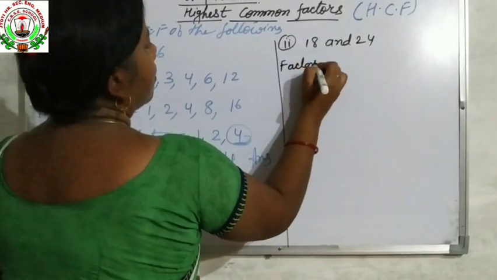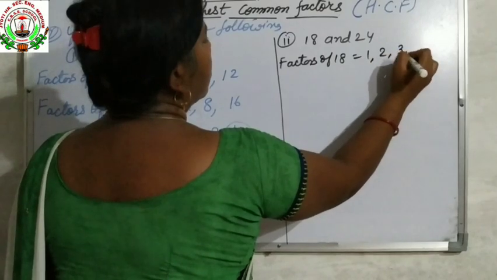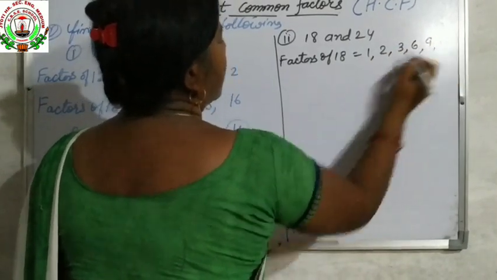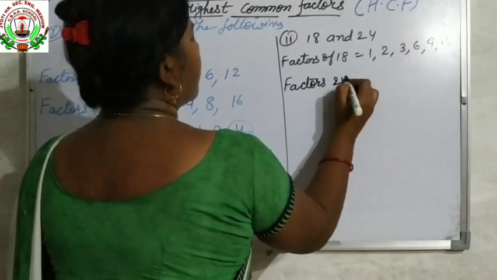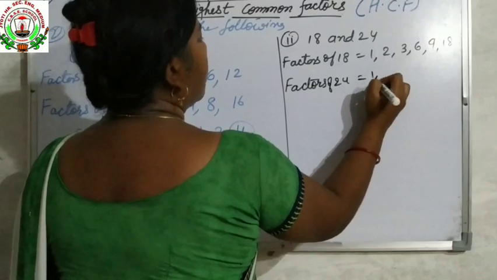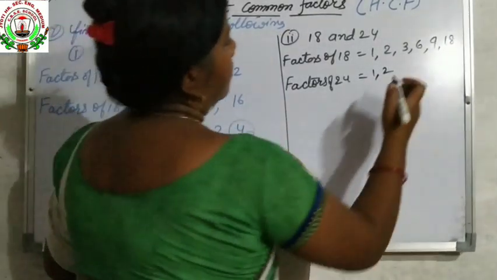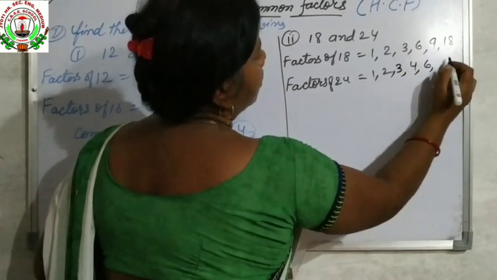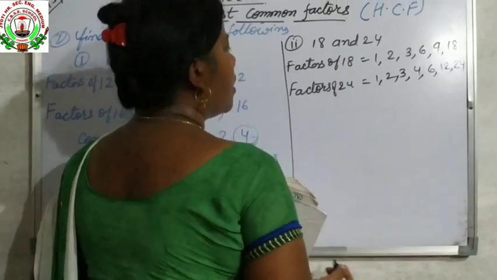Factors of 18: 1, 2, 3, then 6, 9 and 18. Then factors of 24: 1, 2, 4 6s are 24, 6 4s are 24, 12 2s are 24 and 24 1s are 24.